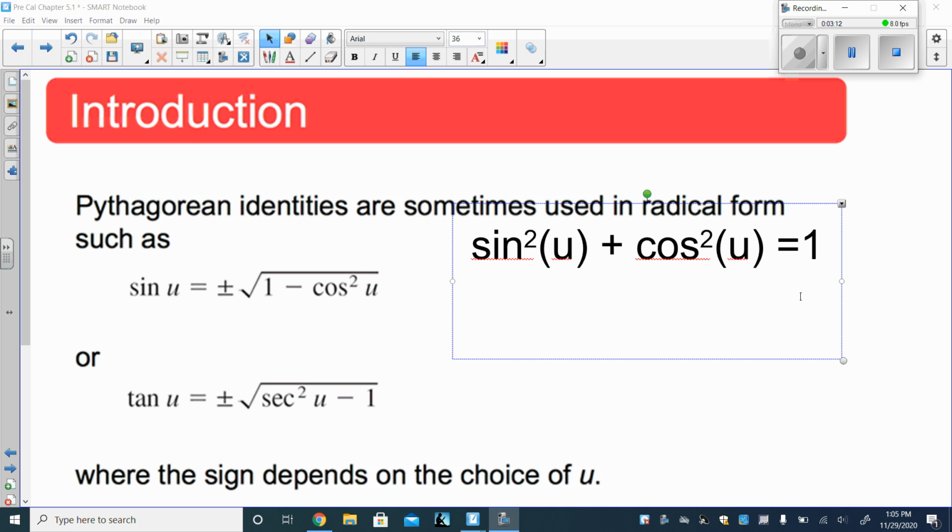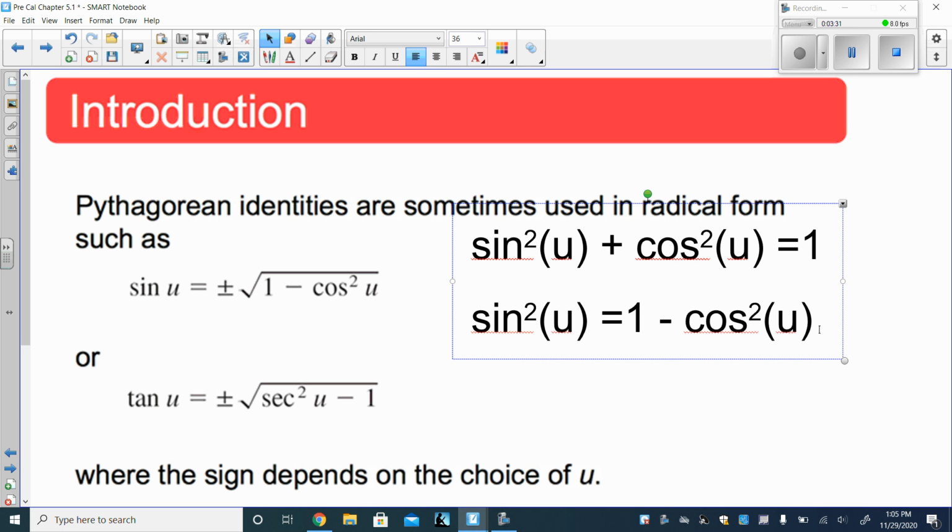I'm going to go on and show you this and work it through. So sine squared plus cosine squared equals 1. The first thing we did was we subtracted cosine squared from both sides. And when we subtract it from both sides, we get sine squared by itself is equal to 1 minus cosine squared on the other side.